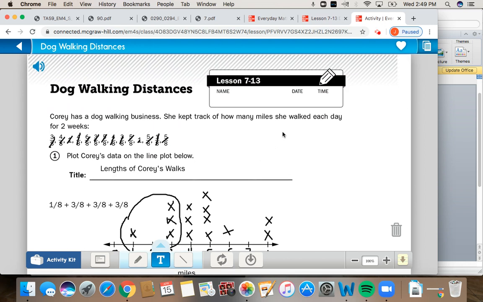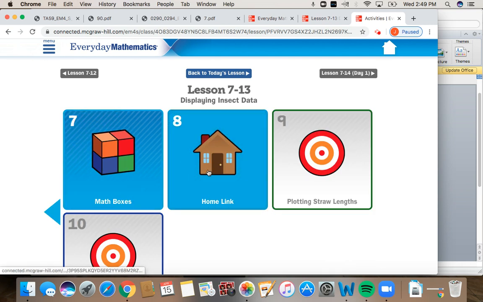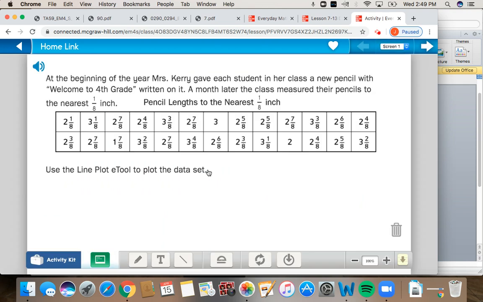So one other thing that I would like for you to do today is the home link, because the home link is so similar to what we just did. So here's our home link for today. You have a lot more numbers, but it's the exact same skill. You've got these numbers that you're going to be using, and you're going to create a line plot.